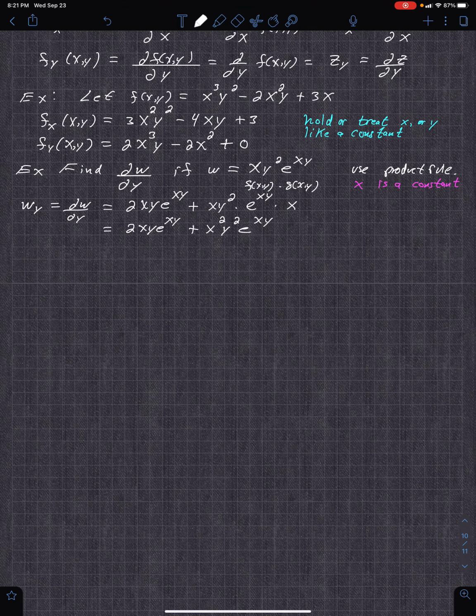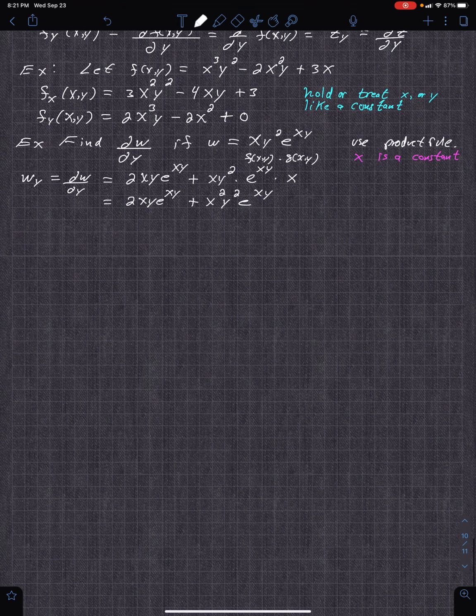Okay, let's look at higher order partials. So this is like first derivative, second derivative, third derivative, but now we're doing partials of those.